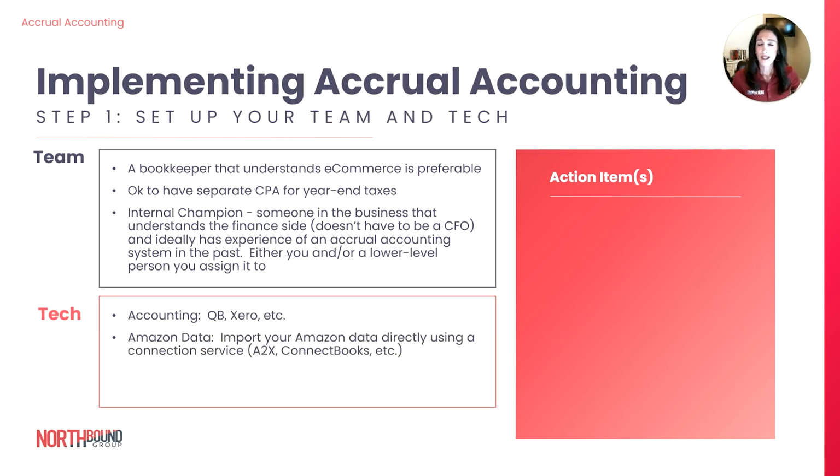And along with that, make sure your Amazon data is linked up to your software, QuickBooks or Xero, whether you use A2X or ConnectBooks, because this minimizes any errors with manual entries being punched in by your accountant or bookkeeper. It's a direct flow of all your Amazon-based transactions right into your QuickBooks or Xero.